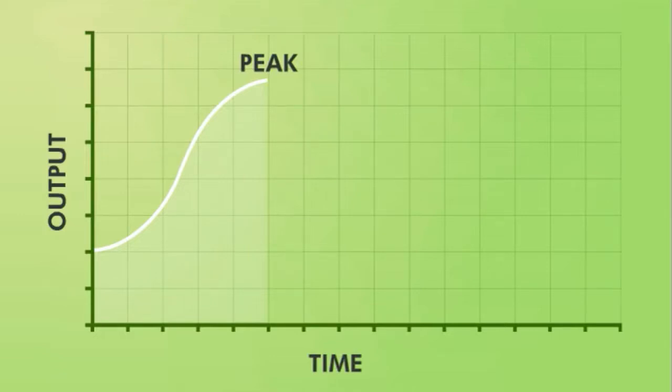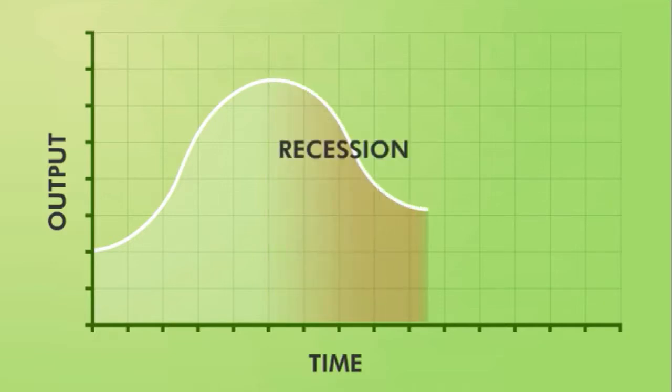This is the point at which the economy has reached its temporary maximum. The second phase is the recession. In this phase, we can see a period of decline in the total output of the economy. This phase is also usually accompanied by increased unemployment. The trough is the point at which the recession levels off, and output and employment are at their lowest levels.